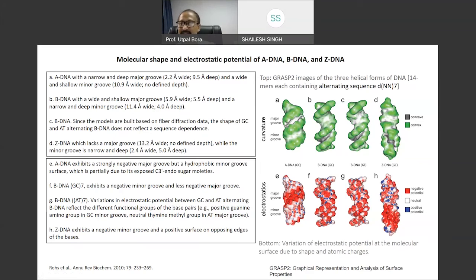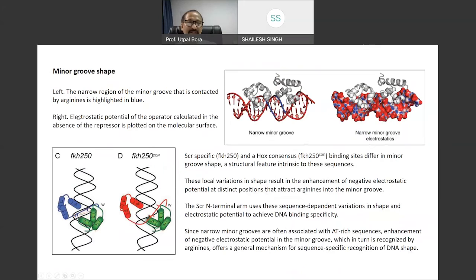And the shape specificity comes from this kind of primary phenomena associated with the DNA topology. You can see here the minor groove shape. There's a narrow minor groove, and there's narrow minor groove electrostatics.